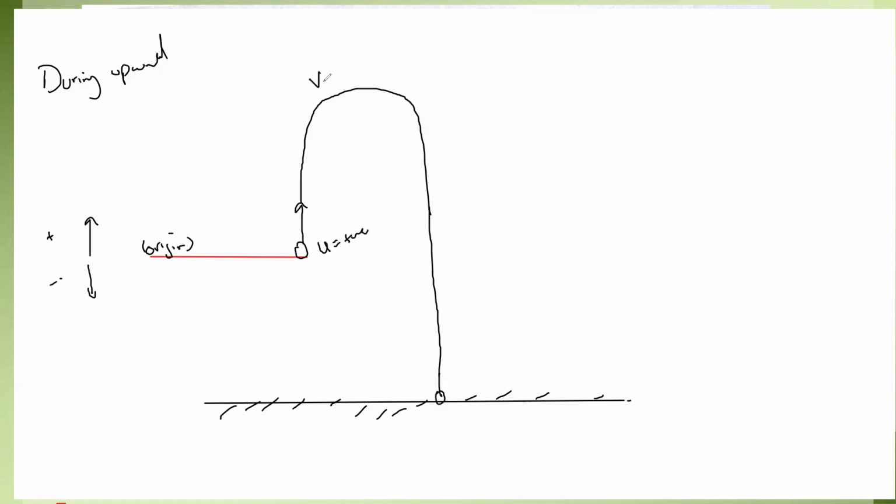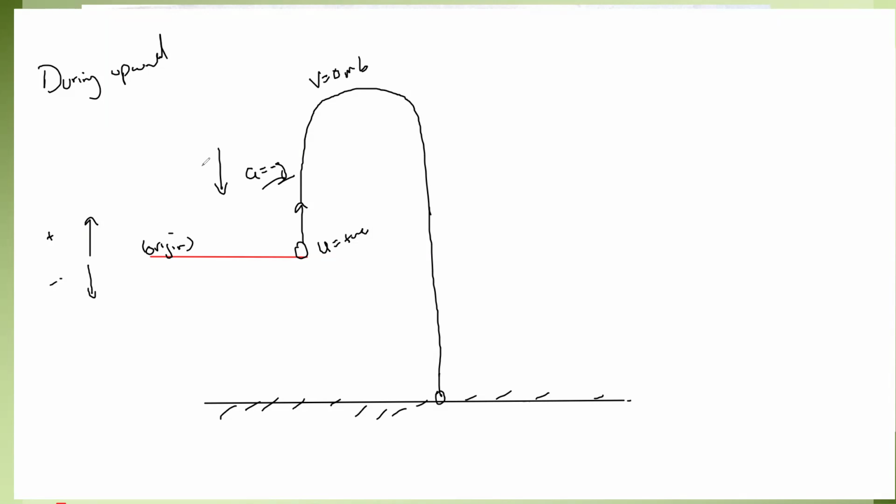What about the final velocity? The final velocity will be zero at this point, if I take this half. And what about the acceleration here? I will take it as negative g. Why am I taking negative g? Because the acceleration is directed downward. Acceleration is a vector quantity, and it is directed downward.